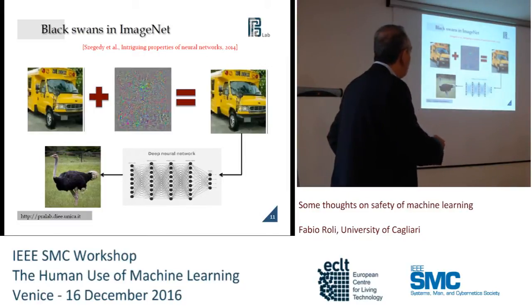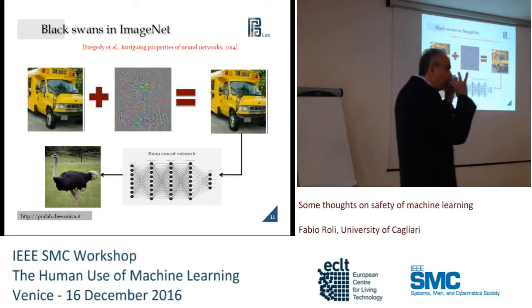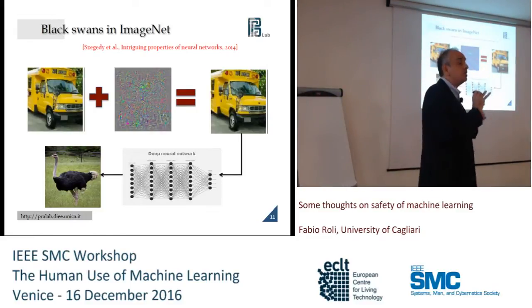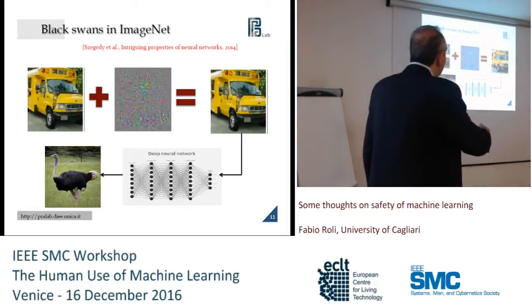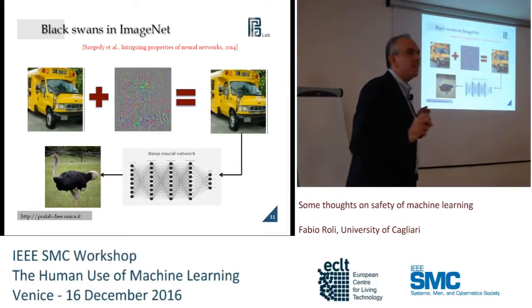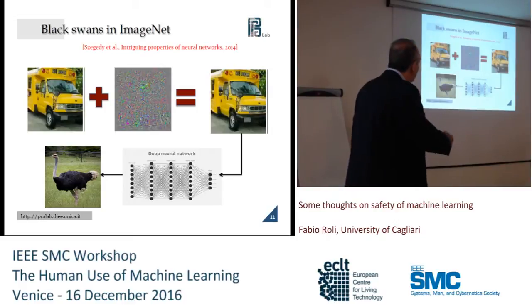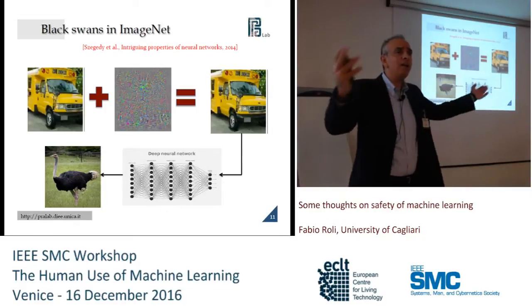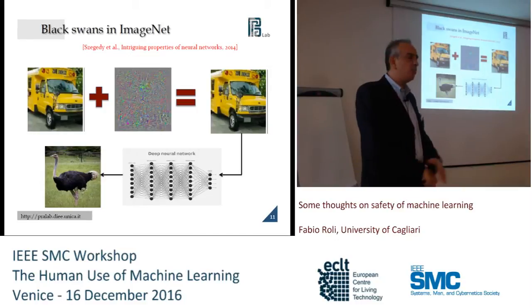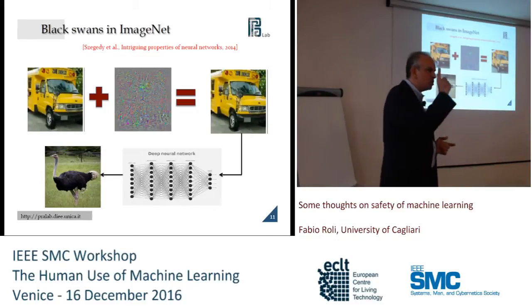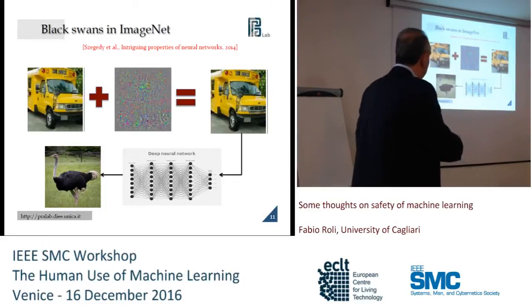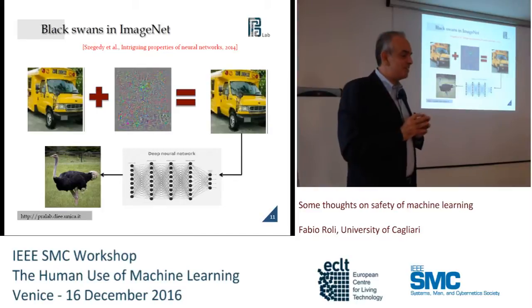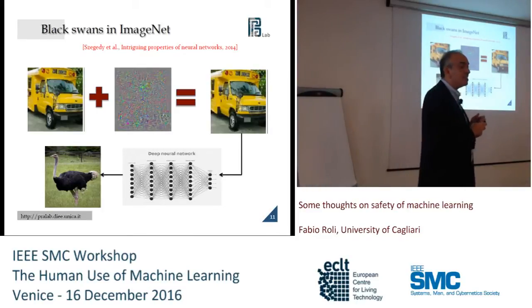If you add some noise, not random, but generated using a particular algorithm for adversarial noise, you can generate an image that for us humans is exactly the same. But for the deep neural network, and not only one, but many different neural networks, different architectures, different parameters, it's different. So it's not just one case by chance. This is an ostrich. And there are many other funny and interesting examples of this kind.